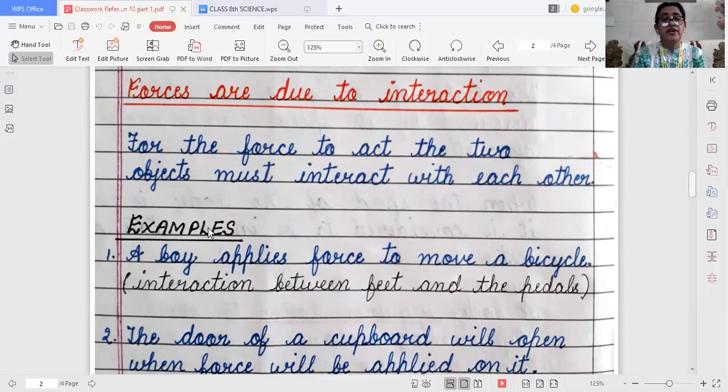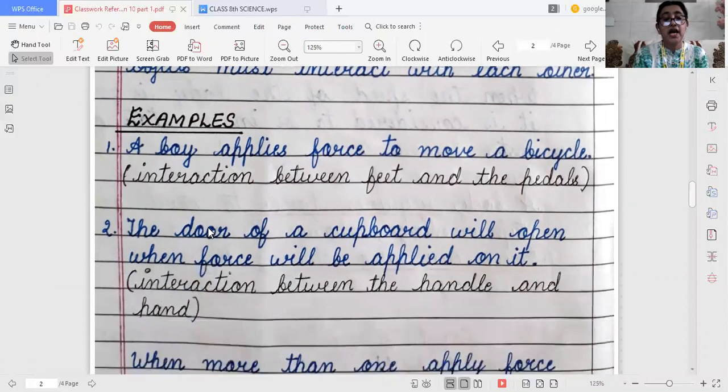Because there is an interaction between the feet and the pedal of the bicycle. The second example: when a boy opens the door of a cupboard, what does he do? He applies a force. Again, there is an interaction between the handle of the cupboard and the hand of the boy. So these were the two examples.